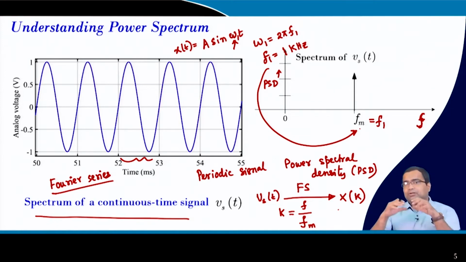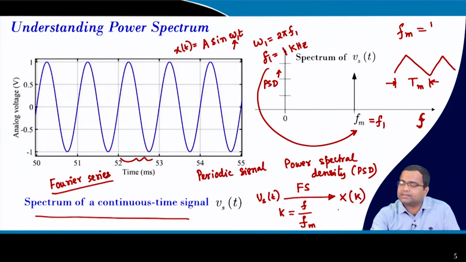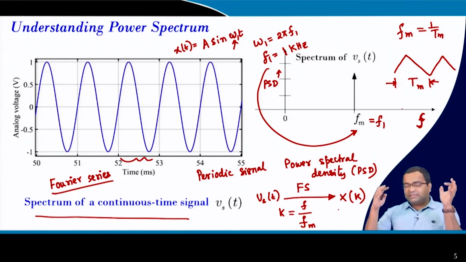Now, let us say, other than a sine wave, suppose we talk about a triangular wave, like any arbitrary shape, then we will have time period Tm, my modulating period, and my Fm will be 1 by Tm. But in this case, if you apply Fourier series, because it is a periodic signal, you will get harmonic content, that means k will be 1, 2, 3 and so on.